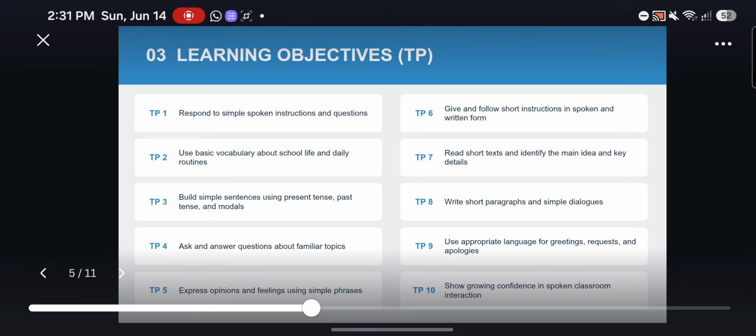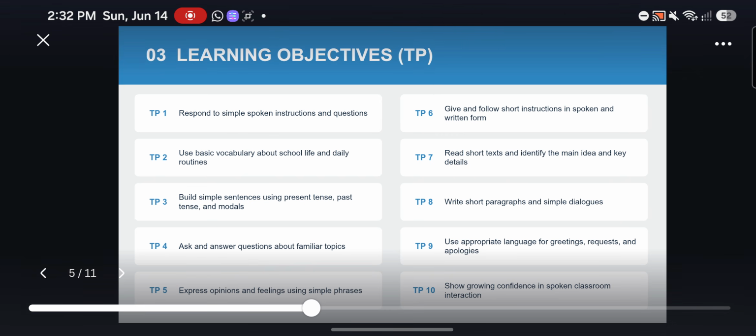The middle objectives focus on interactive skills, asking and answering questions, expressing opinions, giving instructions. Students do this when they already have some foundation. And the last objectives focus on productive and social skills, writing paragraphs, using polite language, and showing confidence in speaking.